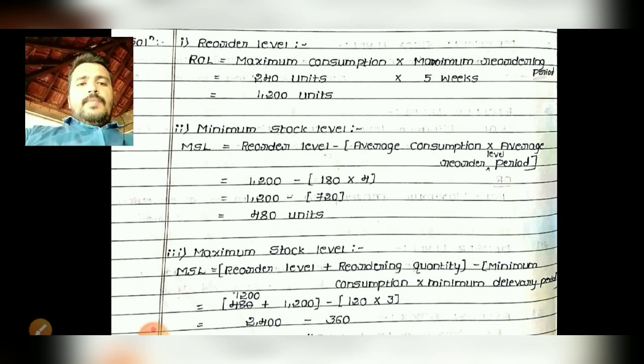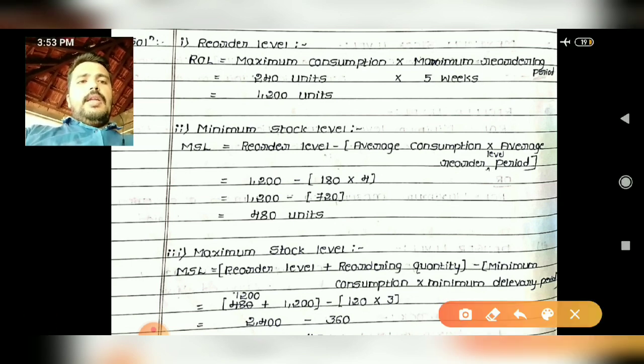Then let us go with the components which are to be calculated. Reorder level you have calculated now, so this one you have to take here as the reorder level, minus average consumption.